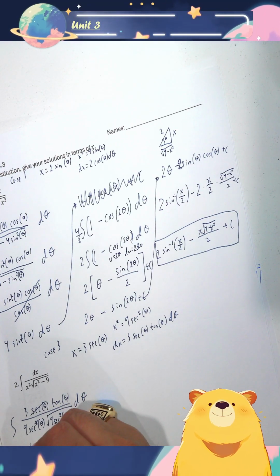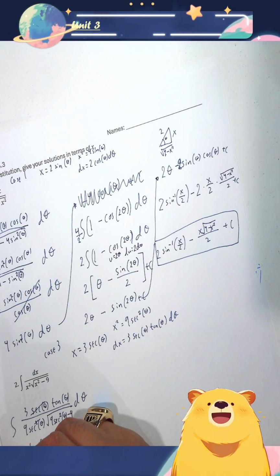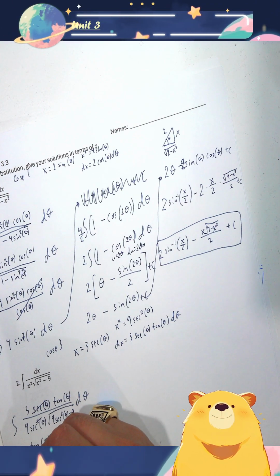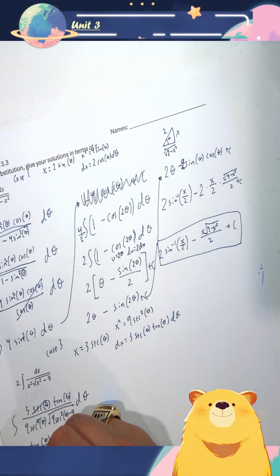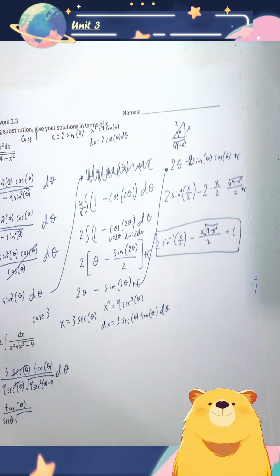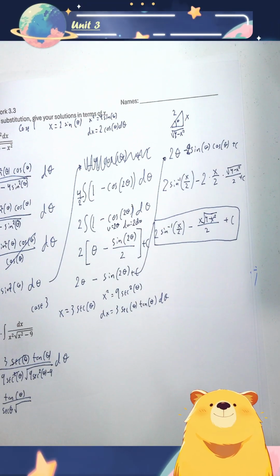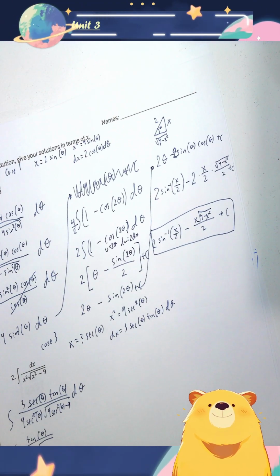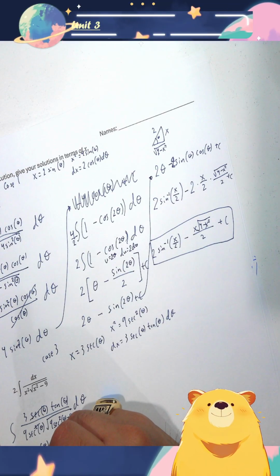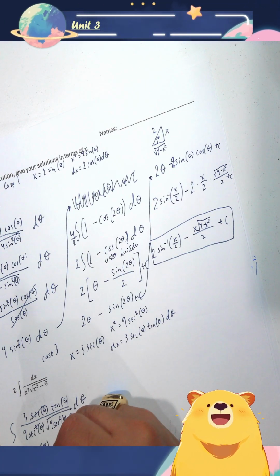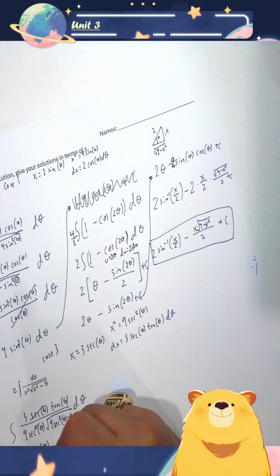And we're left with tangent of theta over secant of theta times the square root of secant squared of theta minus 1.